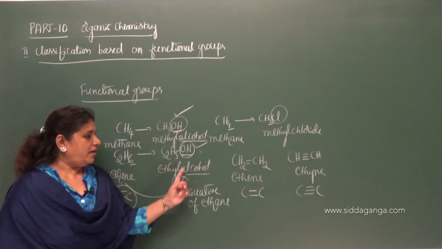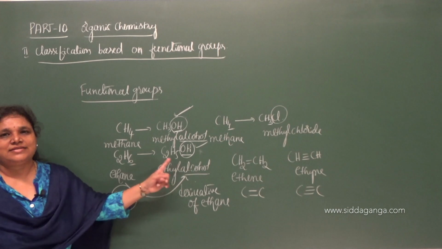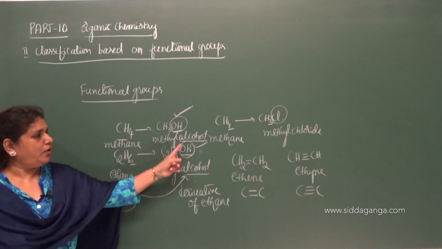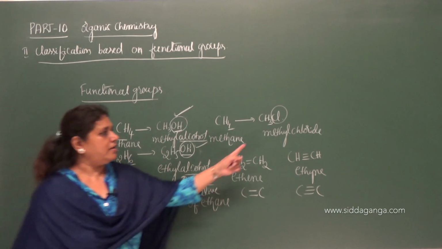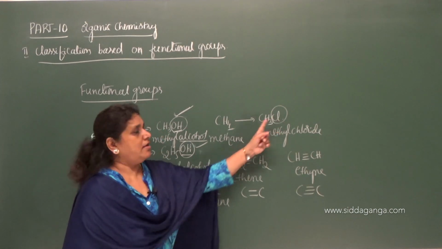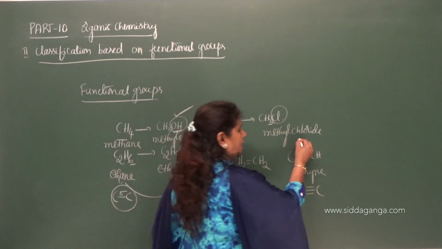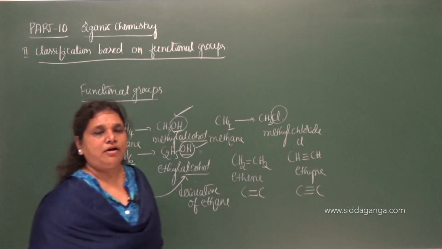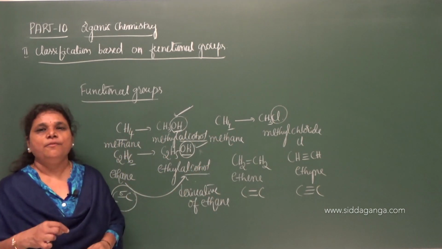And in alcohols, the OH group determines the complete properties of alcohols. Therefore, OH is the functional group of alcohols. And here, chlorine determines the complete properties of methyl chloride. Therefore, Cl is the functional group of methyl chloride because it determines its properties.